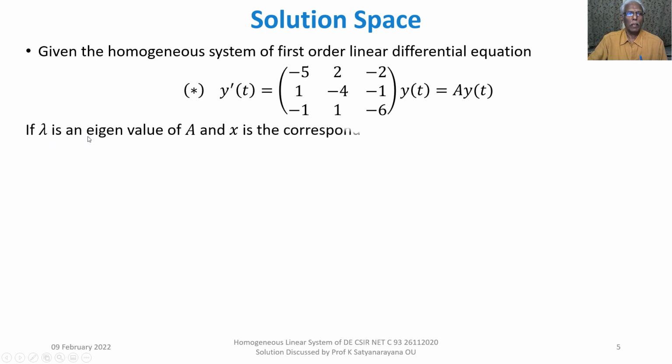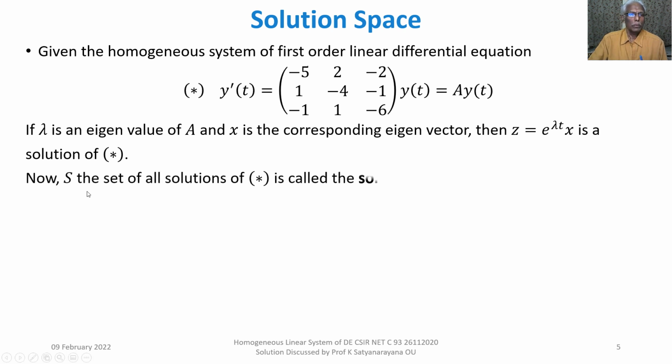If lambda is an eigenvalue of this matrix A and x is the corresponding eigenvector, then z is equal to e power lambda t x is a solution of this system denoted by star.